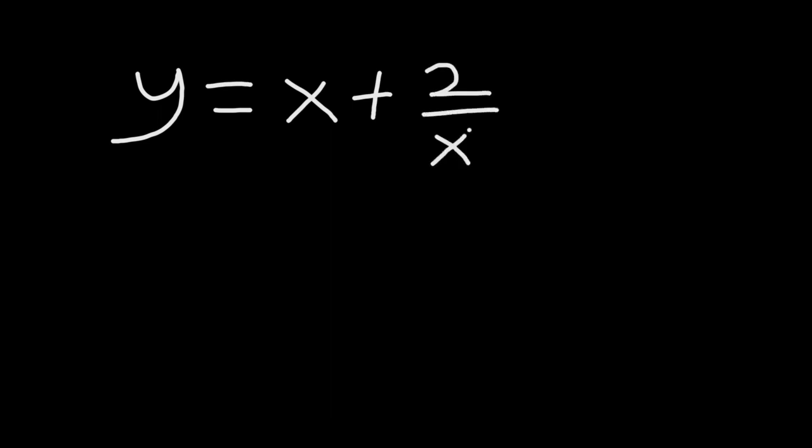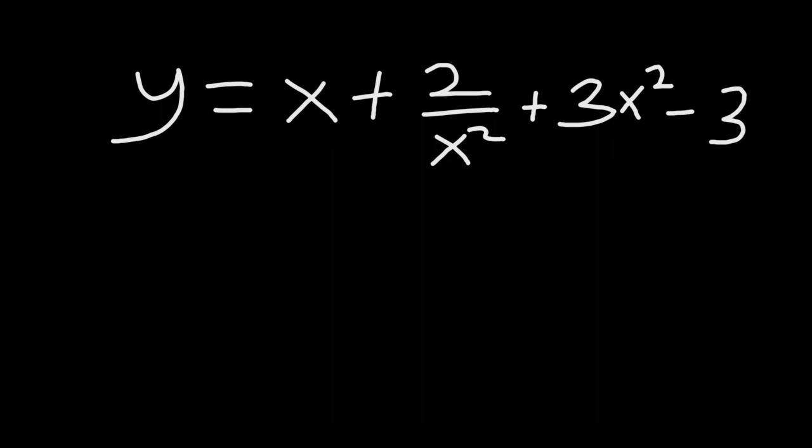Let's try some example to see how you can use this. We have y is equal to s plus 2 over s squared plus 3s exponent 2 minus 3.